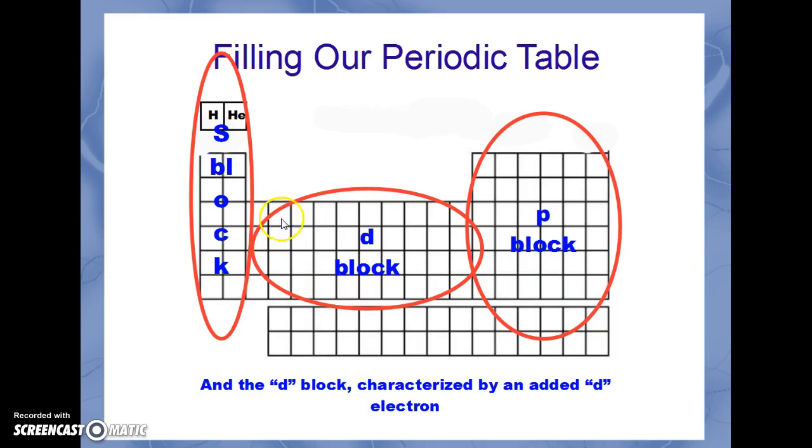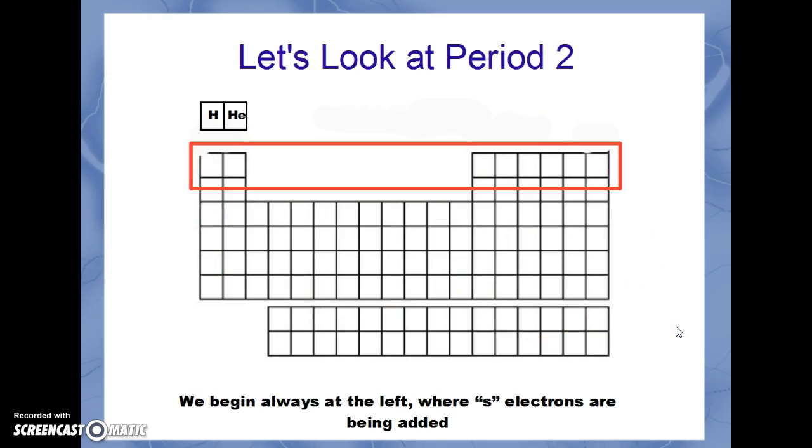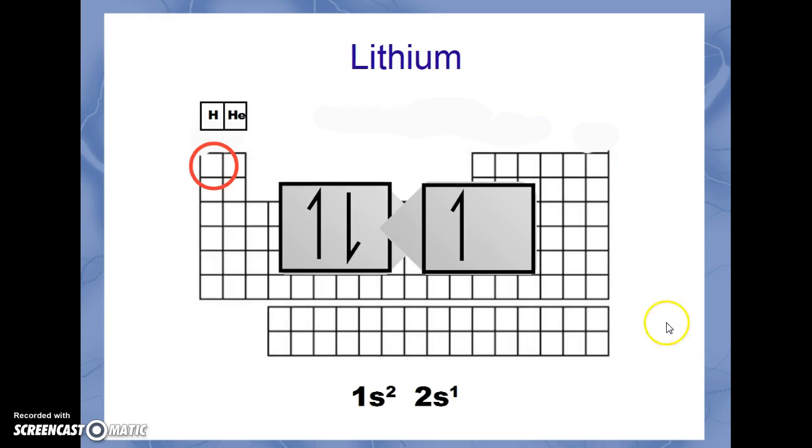We have to remember that each of these is going to be on an energy level 1 less than the actual row. So in this area we are filling 3d orbitals, even though here we filled the 4s orbitals first. So let's look at period 2, and we always begin at the left where the fewer electrons are being added.